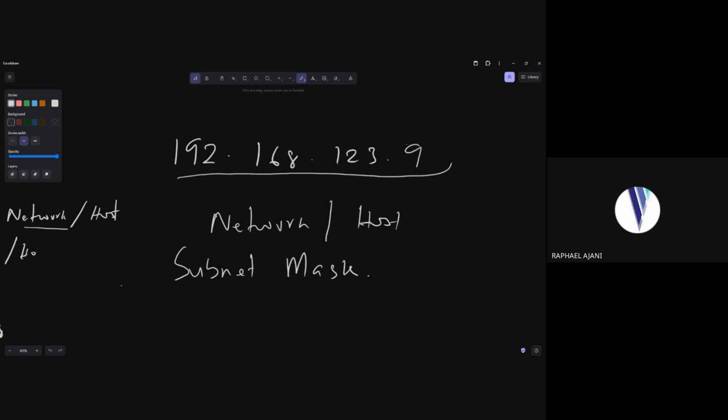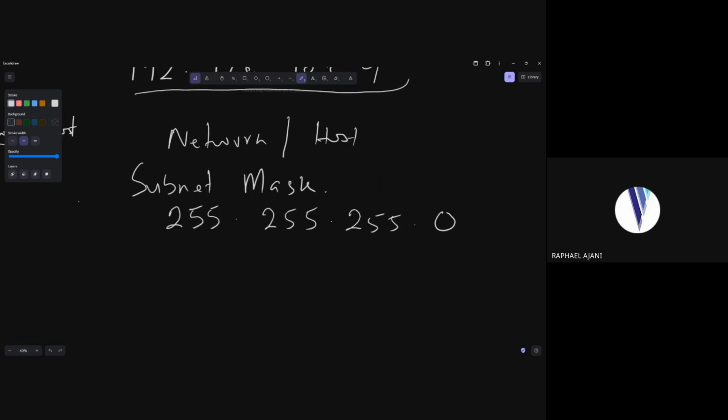Normally, it goes in this form: 255.255.255.0. The highest subnet is this, and I'll explain why it is 0 later. What this means is that from this side to this side is the network segment. Then this last number is the host.